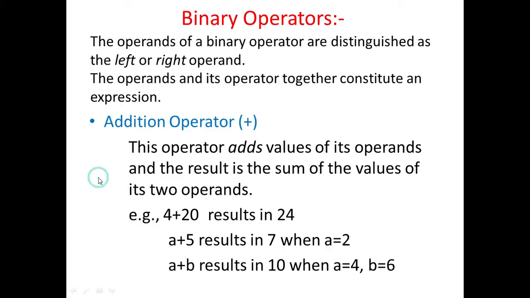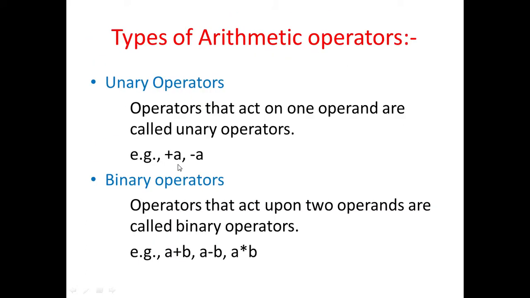Here A is the operand. So here you can see they have only one number. For example, if there is one number 5 and I write plus 5, then plus is unary plus and 5 is the operand. They act on only one operand, that is why they are called unary operators.